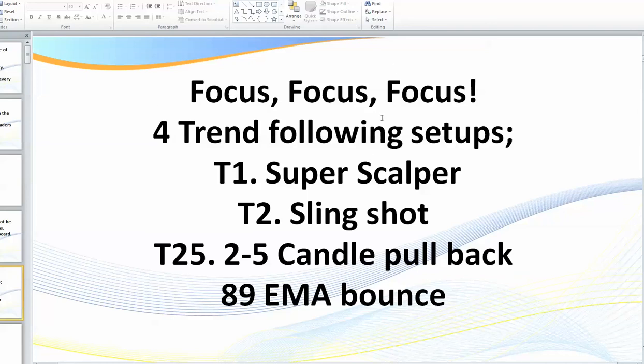Most of my clients know I have between 12 and 13 setups in total. However, as a new trader, if you're following my videos, I just want you to focus on really the T1 and T2. They quite often form the one setup, but become a specialist, become a master at one setup.